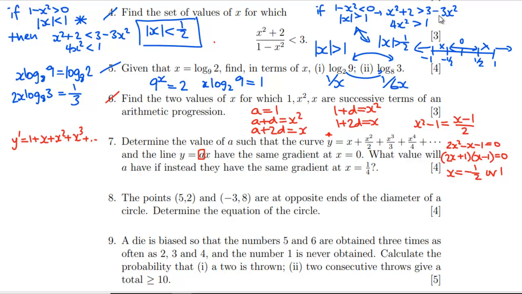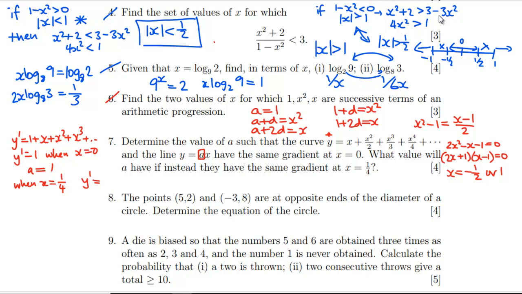When x is 0, that gradient is going to be 1, so y dash equals 1 when x equals 0, so a equals 1 as well. Okay, so that's fine. When x is equal to a quarter, then y dash, that's now a geometric series, isn't it, going up in quarter each time.